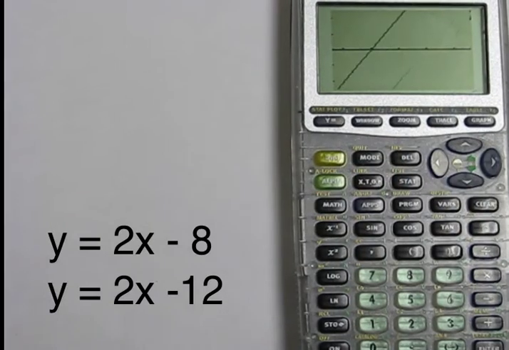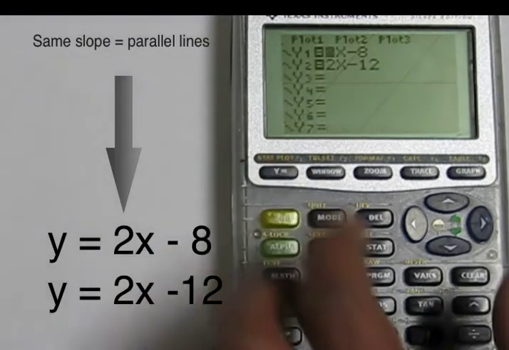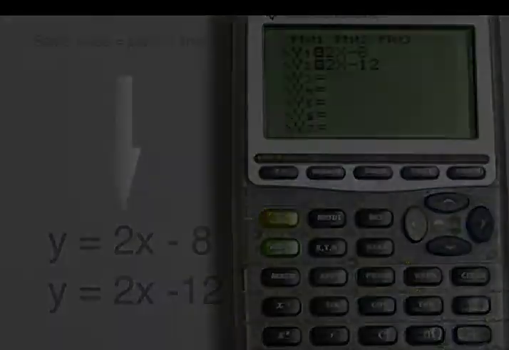Hit enter again. There's one line, there's the other line. And at a close-up we can see that those are actually parallel lines. And the reason is that they have the same slope. Going back to our y equals, we could see the slope of y1 is 2 and the slope of y2 is 2, but they have different y-intercepts. So if they have the same slope, they're actually parallel lines.